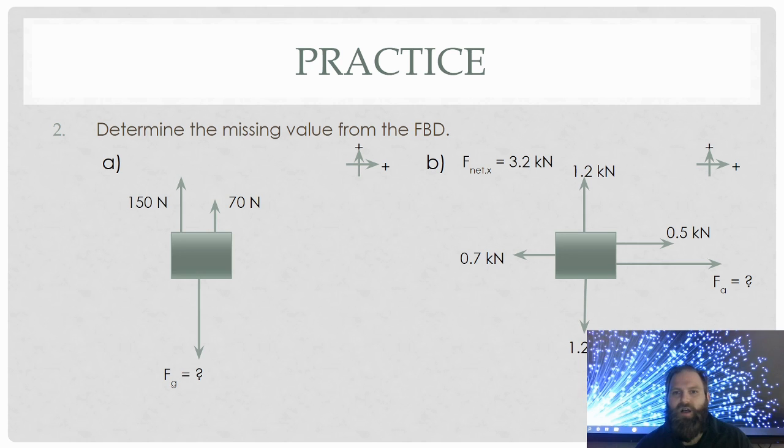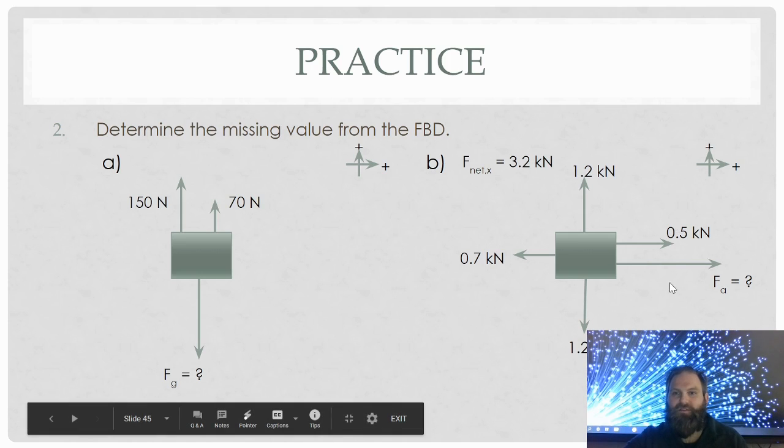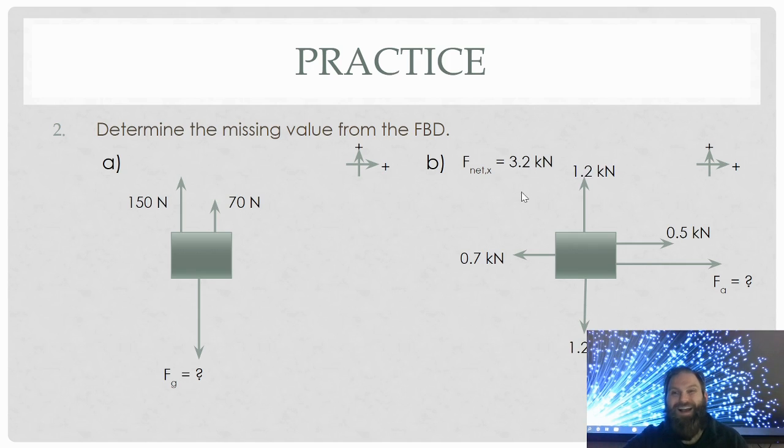We have 3.2 kilonewtons total, and that's acting in the right direction. We have 0.7 acting in the other direction, which means to get 3.2, we must have 3.9 acting in the right direction. 0.5 of it is accounted for right here, so our F applied must be 3.4 kilonewtons.